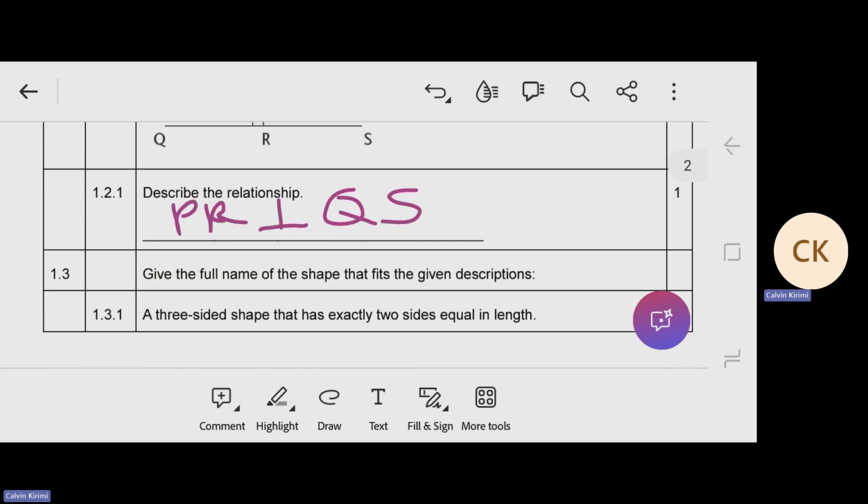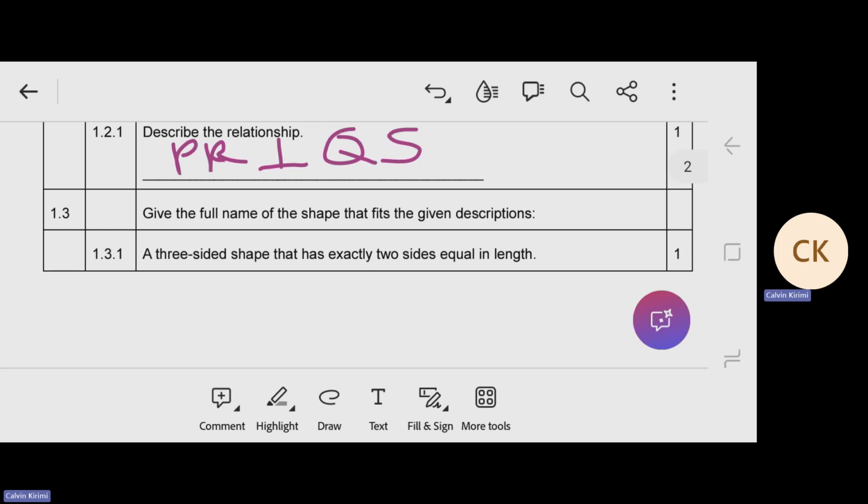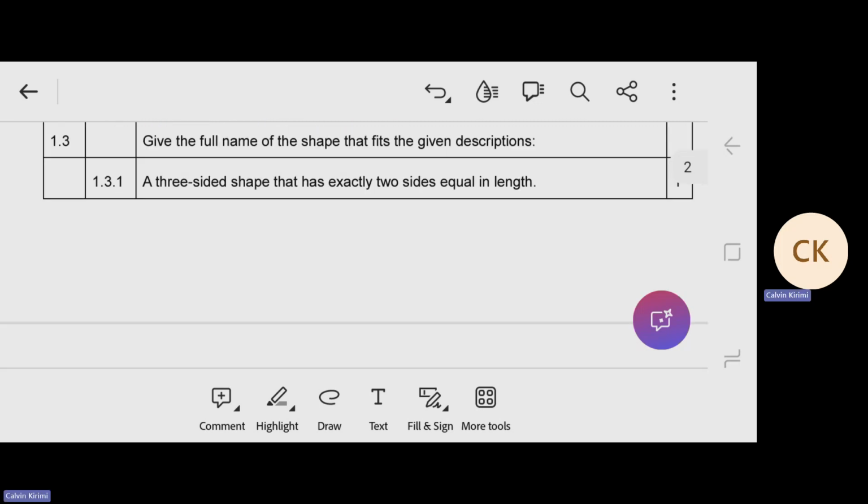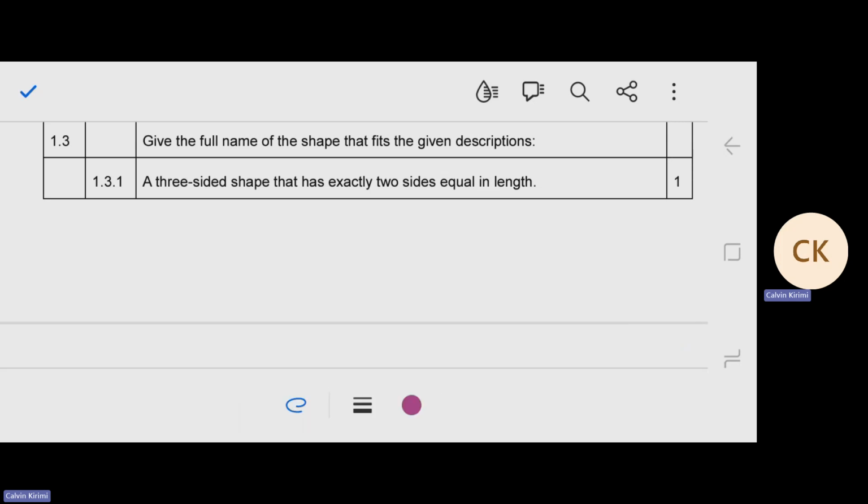Give the full name of the shape that fits the given description. So we are having a three-sided shape that has exactly two equal sides in length. If it's a three-sided shape, we are talking of a triangle. Two sides equal means this side is equal to that side.